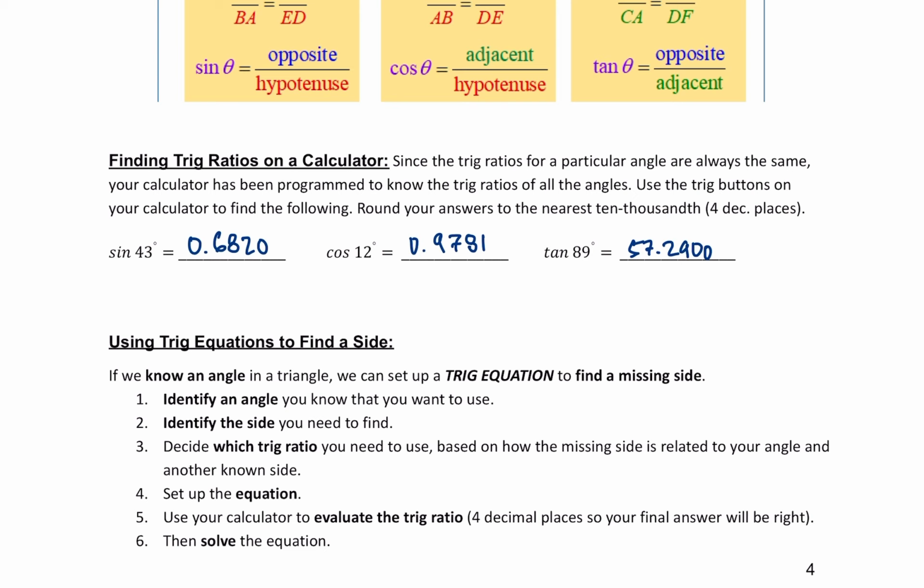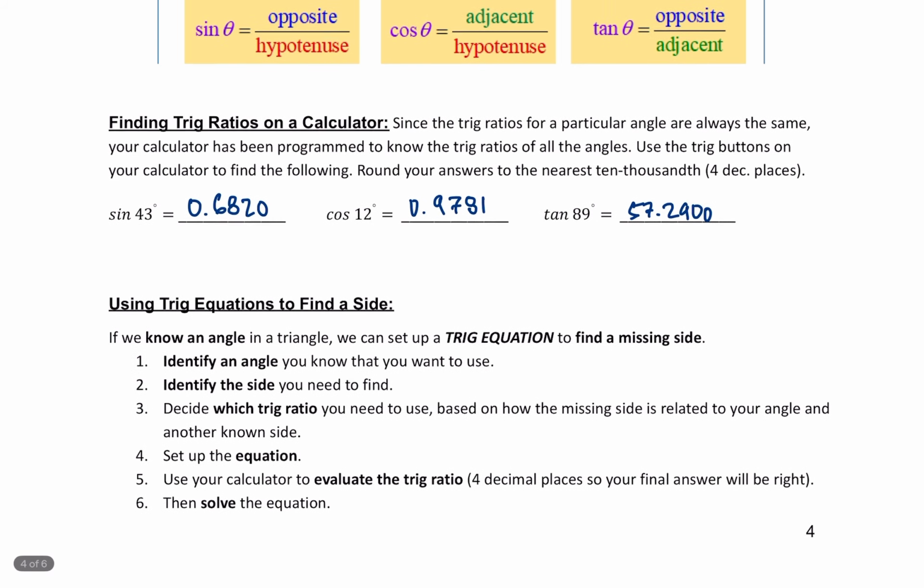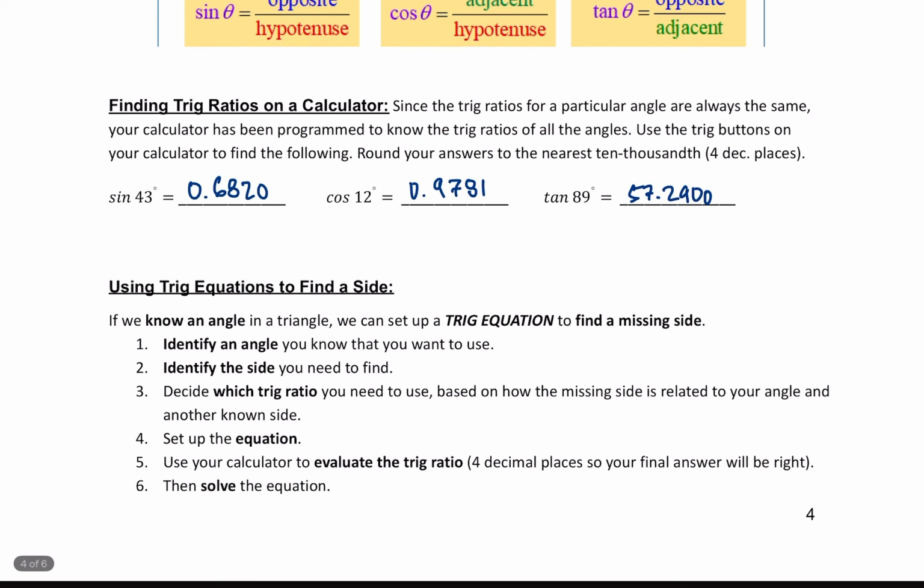This time, we're going to add a little bit more onto that. Looking down here, number 1, we're still going to identify our angle. We're going to identify the sides of the triangle, and then decide which ratio to use, sine, cosine, or tangent. Now, after this is the new part. We're going to set up an equation, and then use our calculator to evaluate.